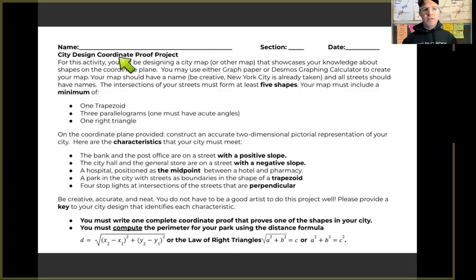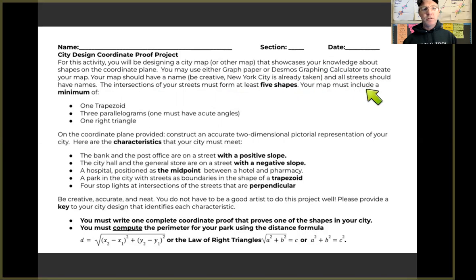For this activity, you'll be designing a city map or some other map that showcases your knowledge about shapes on the coordinate plane. You may use either graph paper or the Desmos graphing calculator to create your map. Your map must have a name, be creative, New York City is already taken, and all streets should have names. The intersections of your streets must form at least 5 shapes.